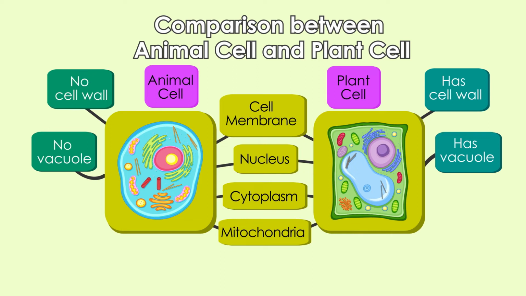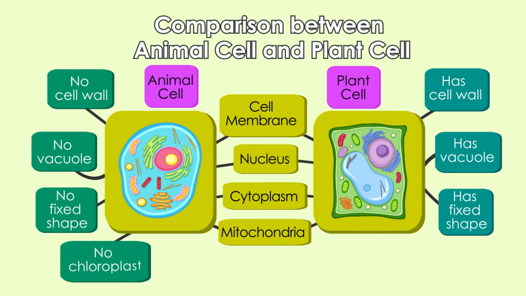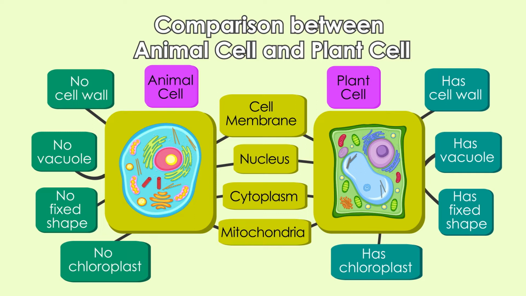Third, animal cell has no fixed shape, whereas plant cell has a fixed shape because of the cell wall. And lastly, animal cell does not have chloroplast, whereas plant cell has chloroplast.